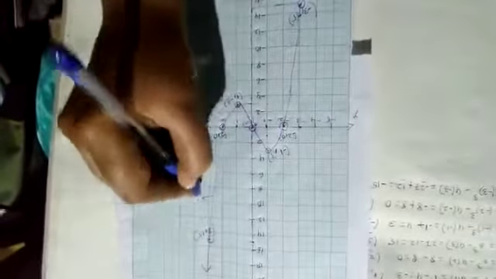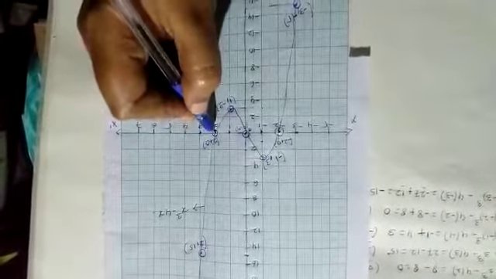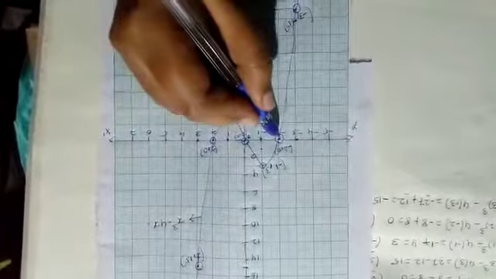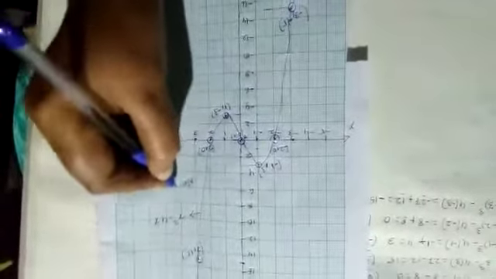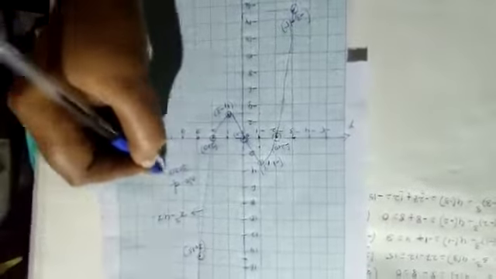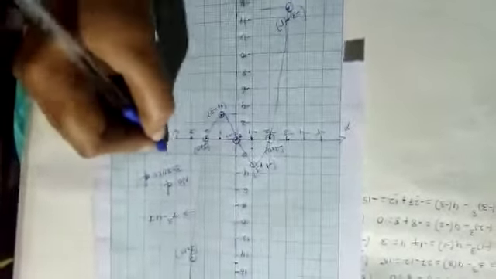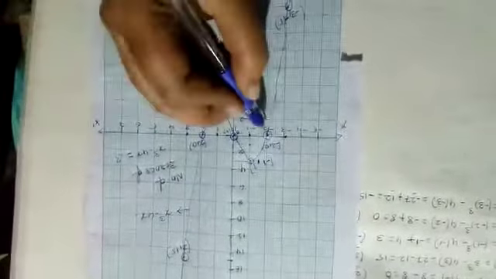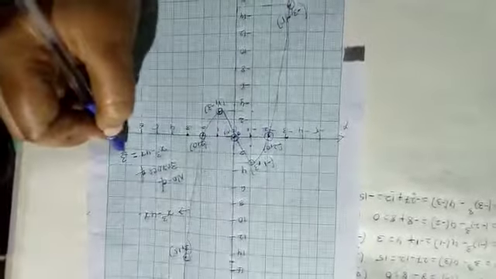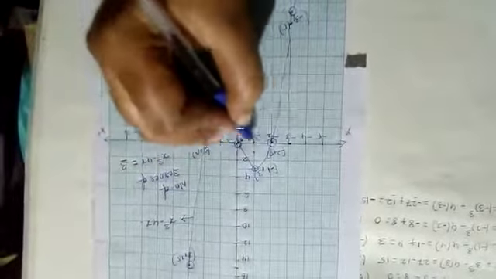So see this graph. This graph is x cube minus 4x. So this graph touches the x-axis at 3 points. So the number of zeros of the polynomial x cube minus 4x is 3. Number of zeros: 1, 2, 3. So this graph touches 3 points.